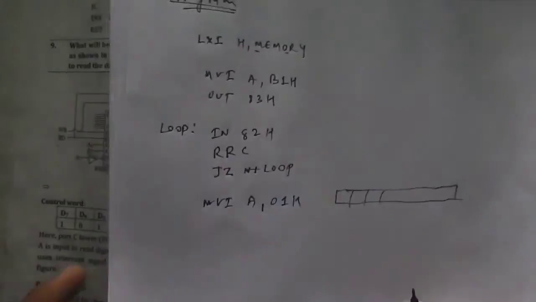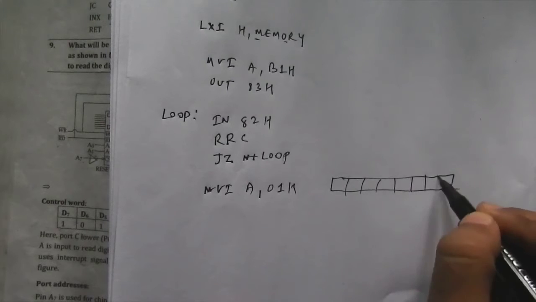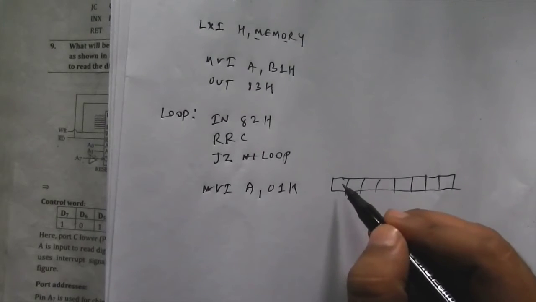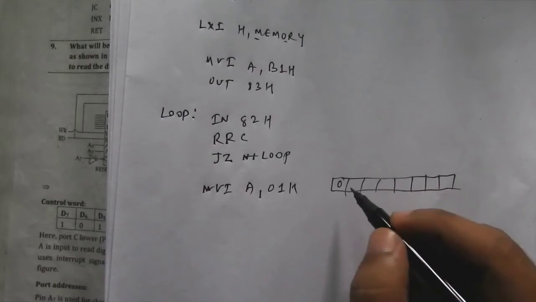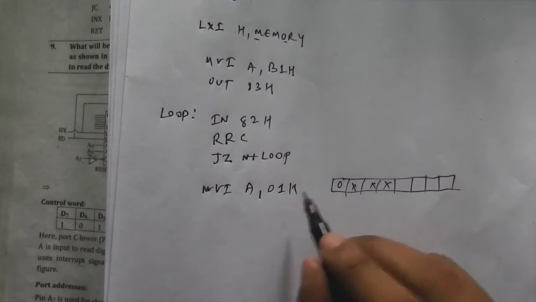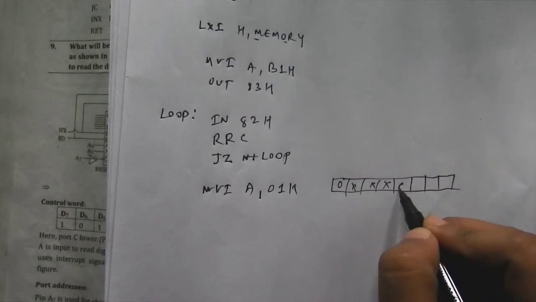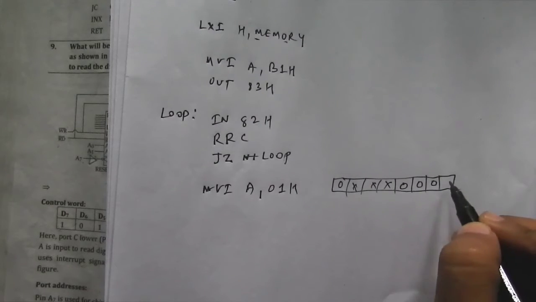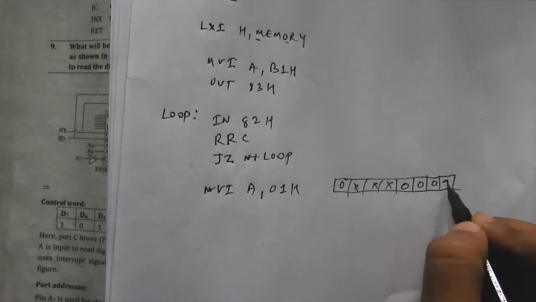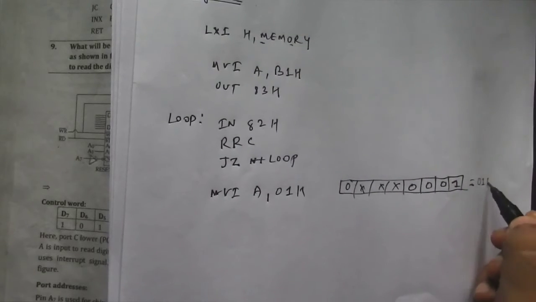let me this will be 0 for BSR mode, and this will be don't care as always, and we are setting PC NOT, therefore this will be 0 0 0, and for setting we write 1 here, so this will turn out 01H.